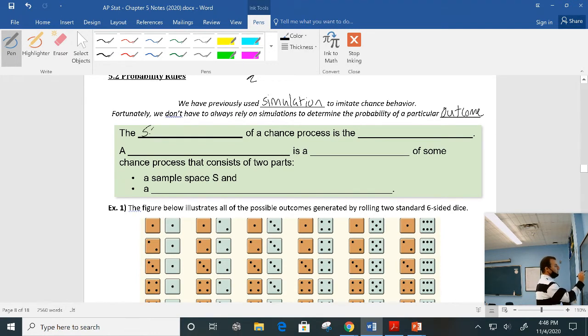The sample space of a chance process is the set or the list of all possible outcomes.